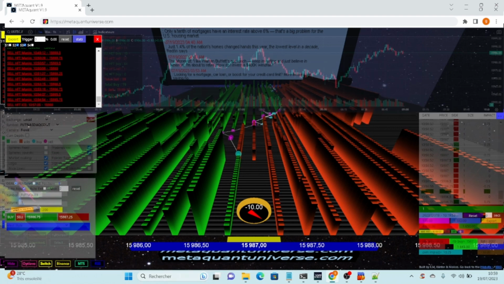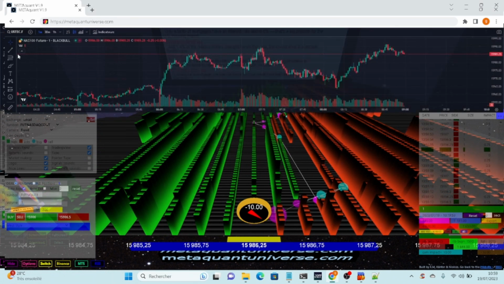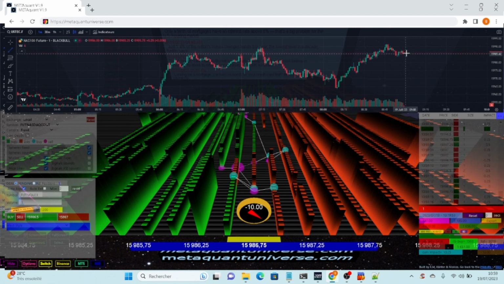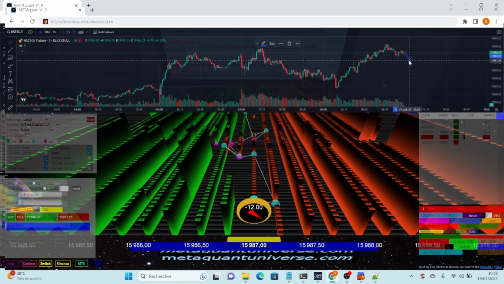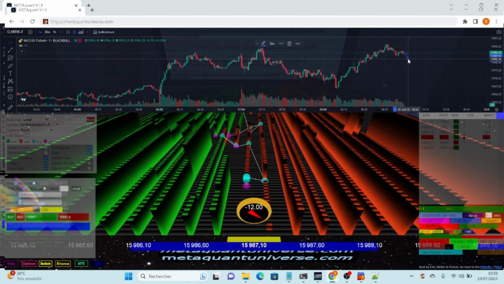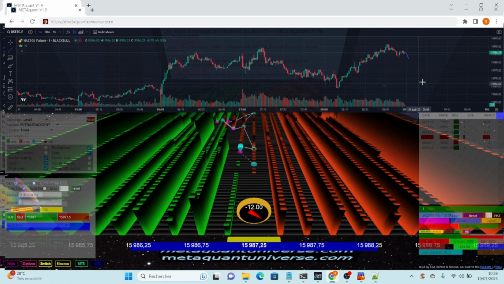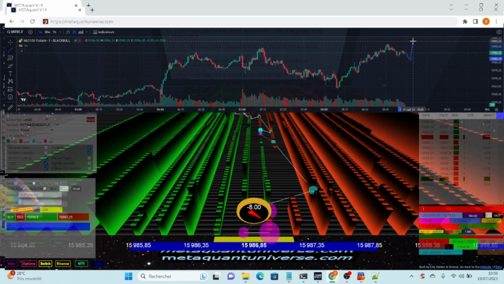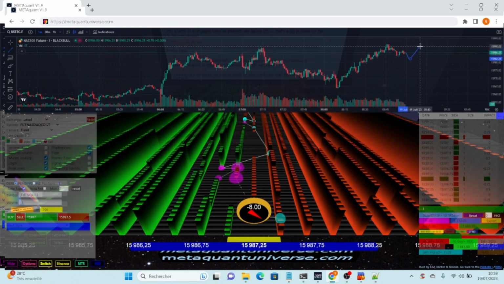Let me show you that this kind of setup we could probably see like this, then like this, for example, just above the 16 level.